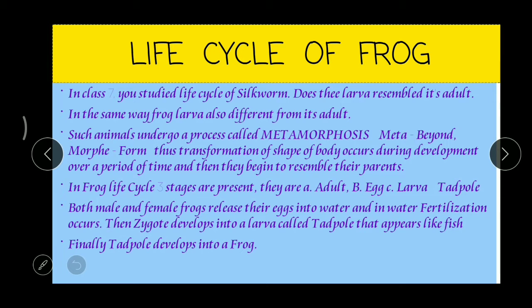What do you call the larva? The larva is called a caterpillar. How does the caterpillar appear? A caterpillar appears like a small worm. And have you seen the silk moth? How does it appear? It appears like a butterfly. So when you observe this caterpillar and adult moth, can you say that these 2 belong to the same animal?